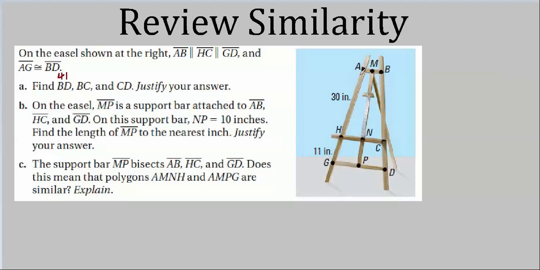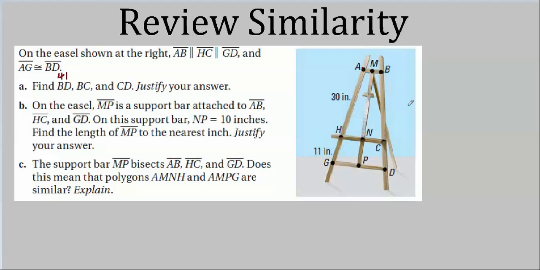What about BC? Well, we know that parallel lines break these segments up in equal proportions. The segment HG over HA has to be the same as DC over CB.